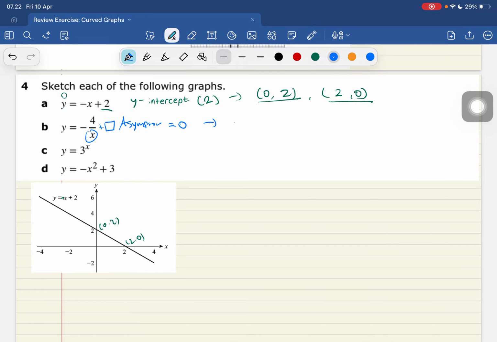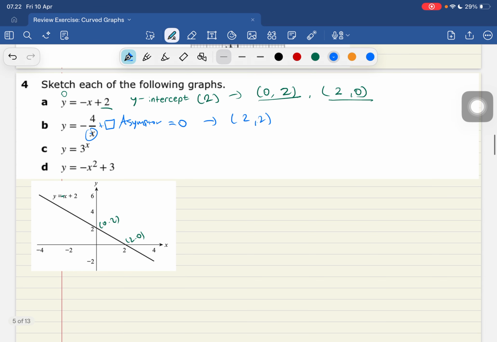If x equal to 2, y is going to be negative 2, isn't it? When x equal to 2, y is going to be negative 2. However, when x is negative 2, y is going to be 2.